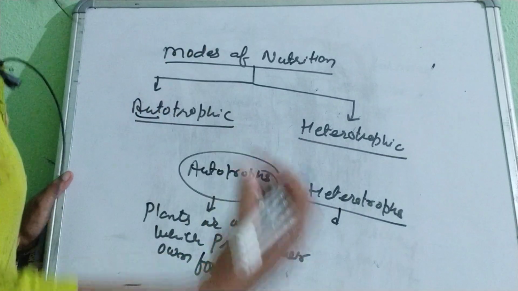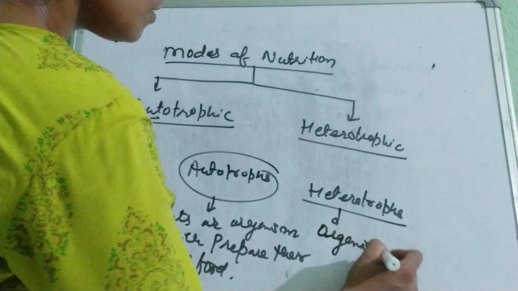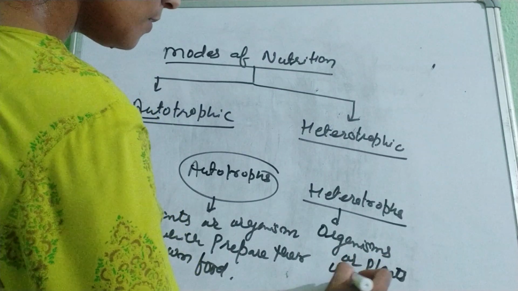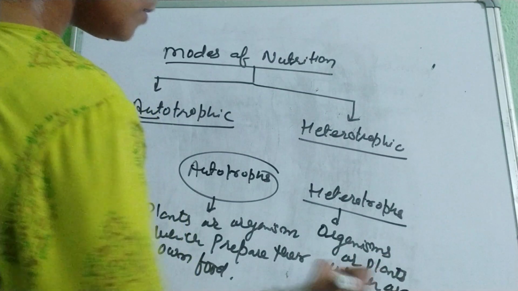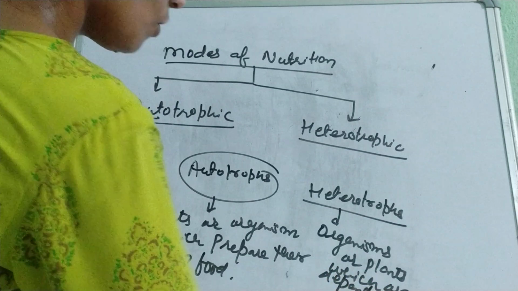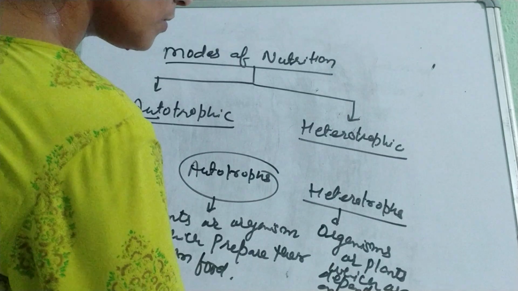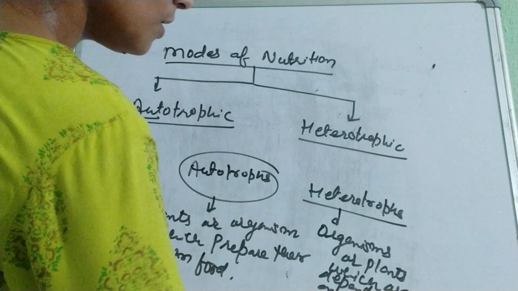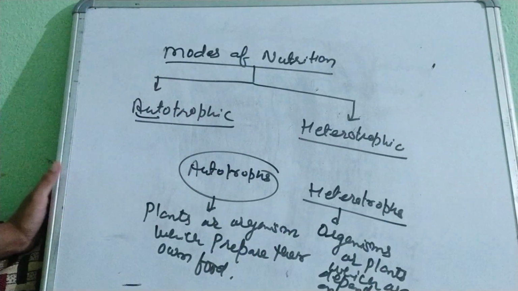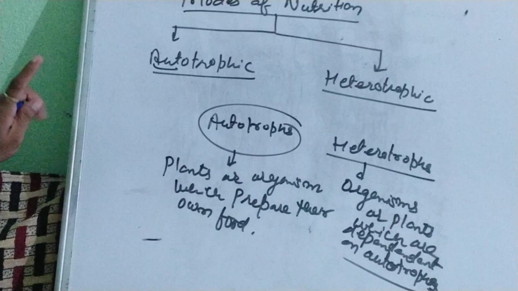Organisms which are dependent on autotrophs, okay, organisms or plants which are dependent on autotrophs for obtaining their food. They are called heterotrophs. Clear? So it is very easy.